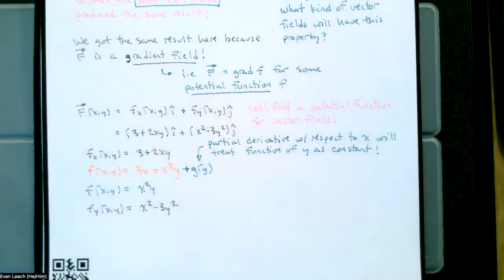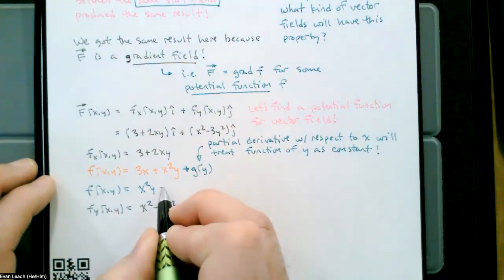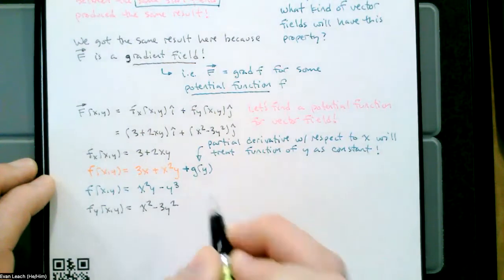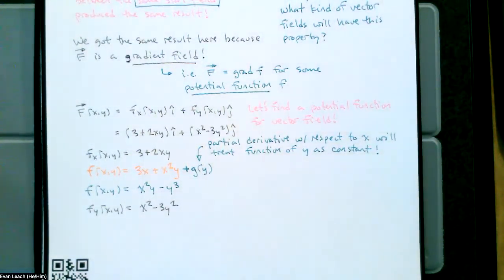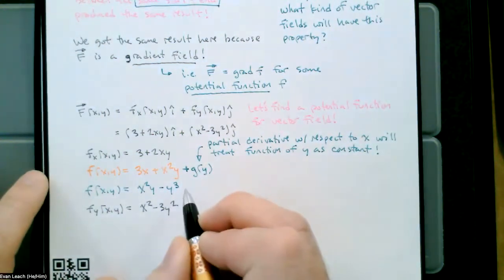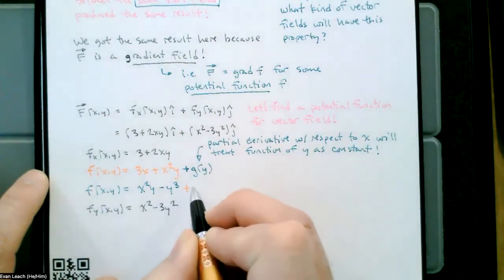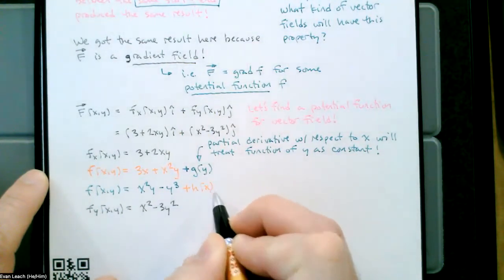The integral of negative 3y squared with respect to y will be minus y cubed. But here we have the derivative. This was integrating with respect to y. The partial derivative with respect to y will treat any function of x as constant. So there might be some function of x.